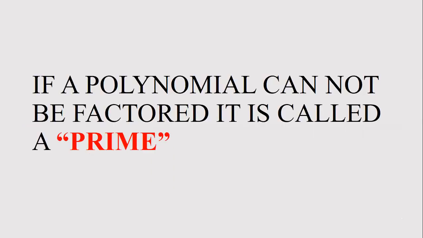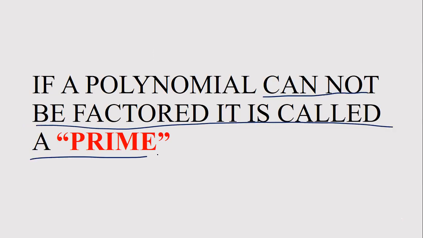All right, at the bottom of your page, I want you to write, if a polynomial cannot be factored, it is called prime. What this means is that your GCF equals 1. So if the only thing they have in common is 1, which is what everyone has in common, then it is called prime.